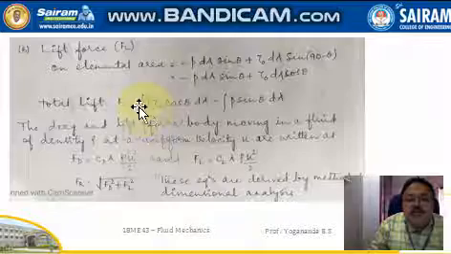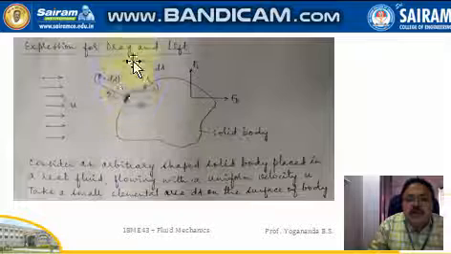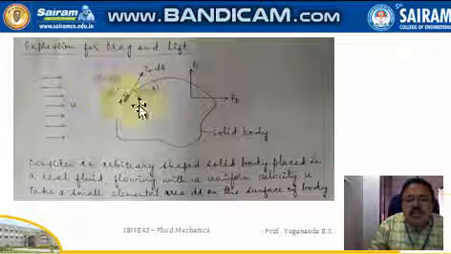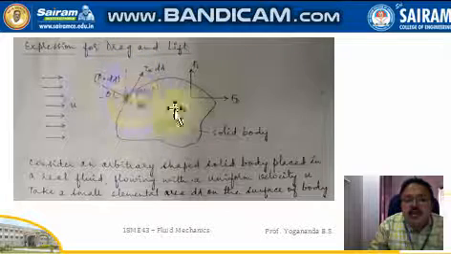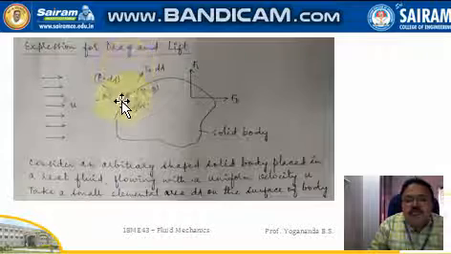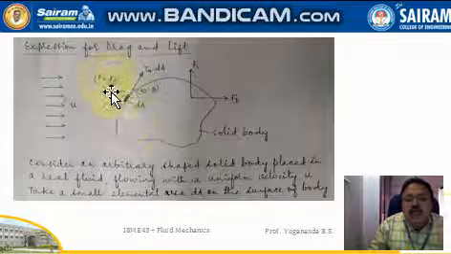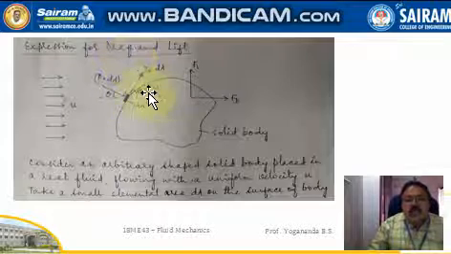Now the lift force on the elementary area. The lift force is taken in the vertical direction. The vertical component of the pressure force is coming downwards, whereas the vertical component of the shear force is going upwards. So for the pressure force, the sign is minus as it is coming downwards.